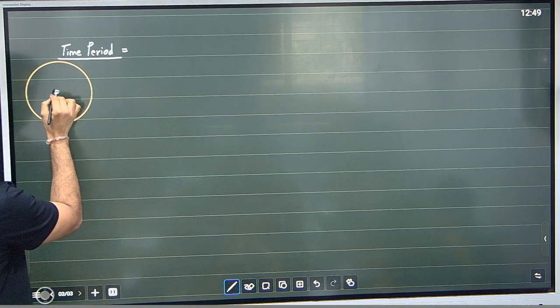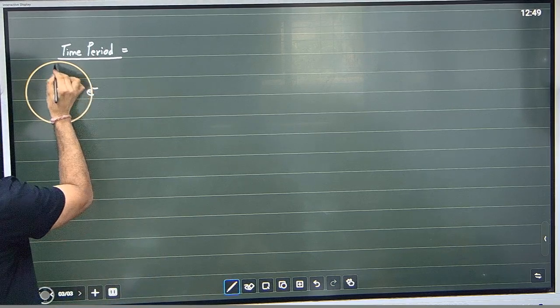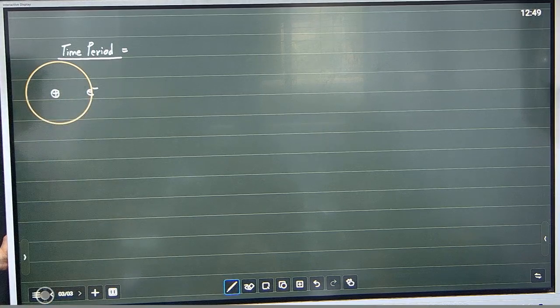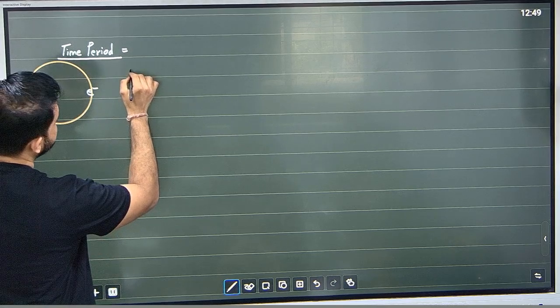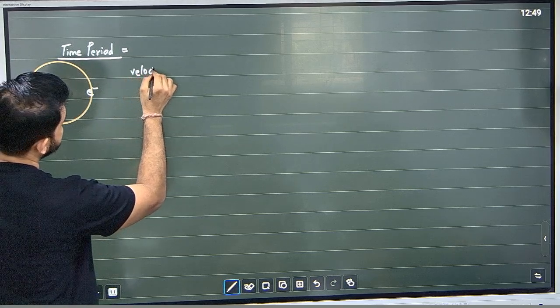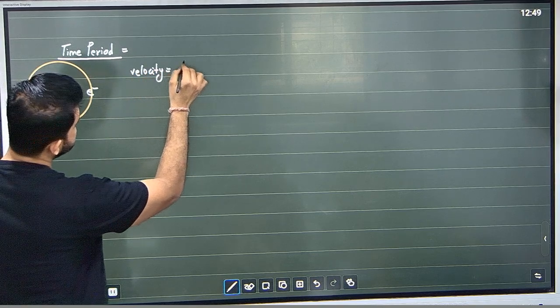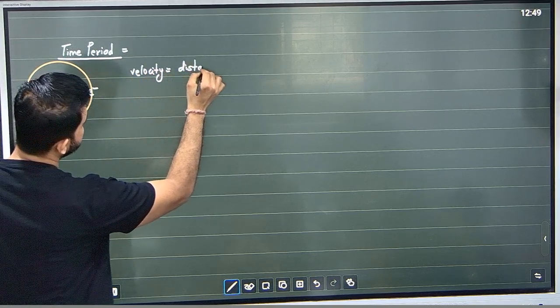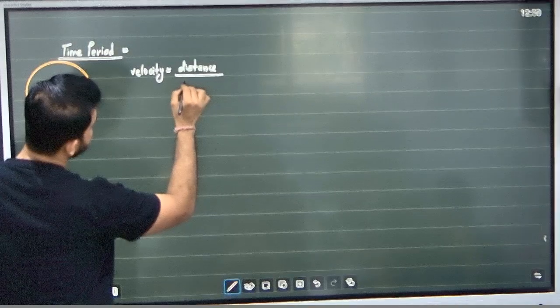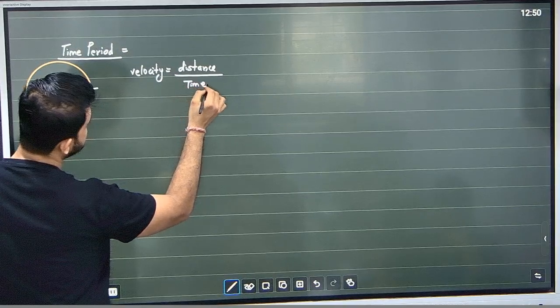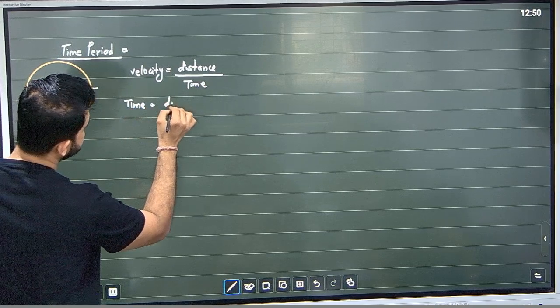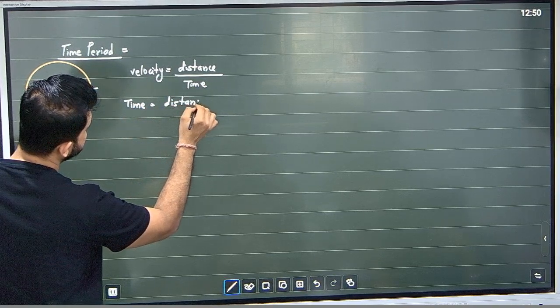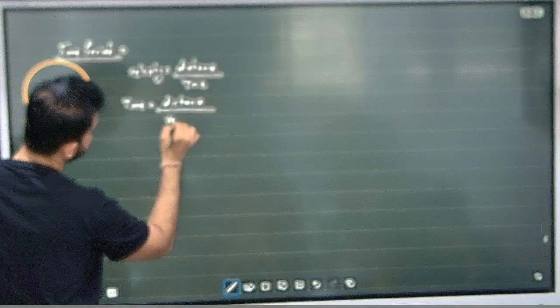Sorry, one revolution, that is time period. We know that speed, or velocity, is distance over time. So time can be written as distance over velocity.